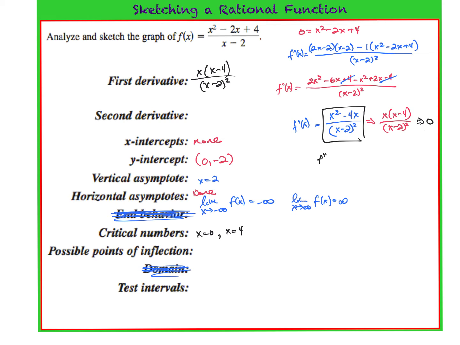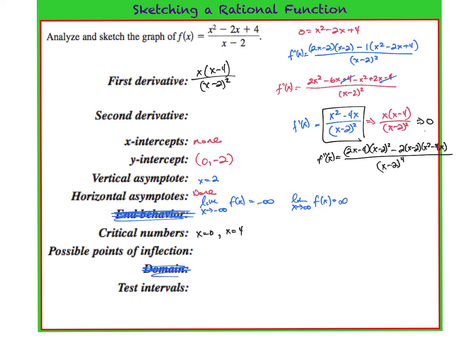So f double prime: what's the derivative of my top? 2x minus 4 times the bottom, x minus 2 squared, and then minus, what's the derivative of my bottom? 2 times x minus 2 to the power of 1, and then times the top, x squared minus 4x, all over x minus 2 quantity to the what? 4th power.